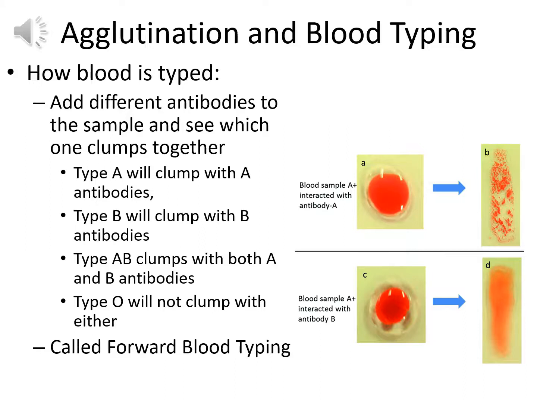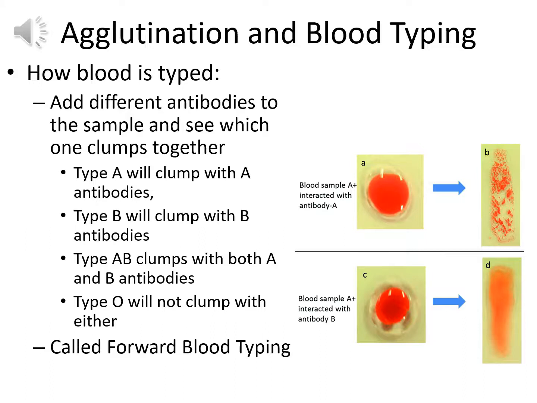So if we see clumping, agglutination, with A antibodies, then we know the person's either type A or type AB. The way that we would determine that is we would see what happens with the type B antibodies. If the person has type B blood, it will clump with the B antibodies.